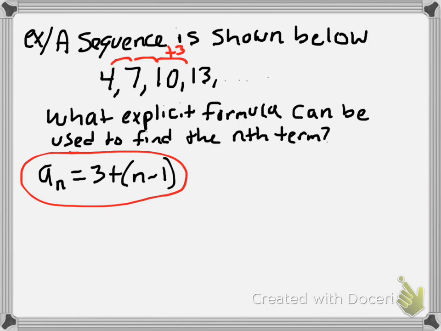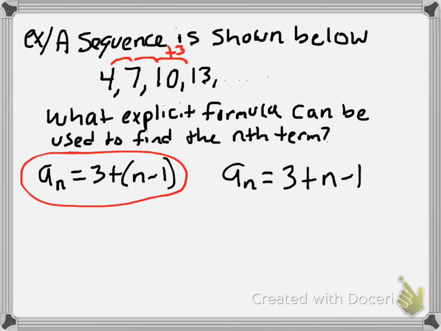Now, the other thing that they like to do on the exam is they like to give you that answer as a possible option, but they like to simplify it. So in this one, I'm getting rid of the parentheses, as you noticed, because there's no distributive property for this one, so I could get rid of them.